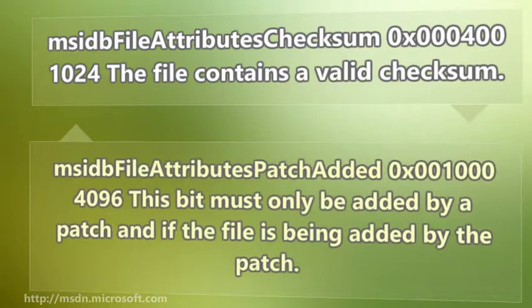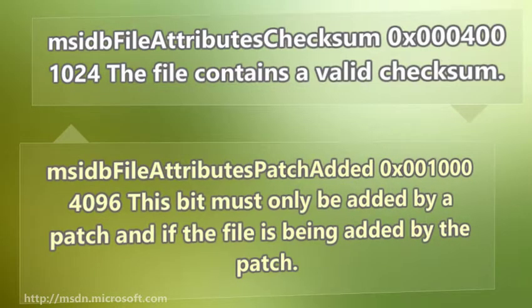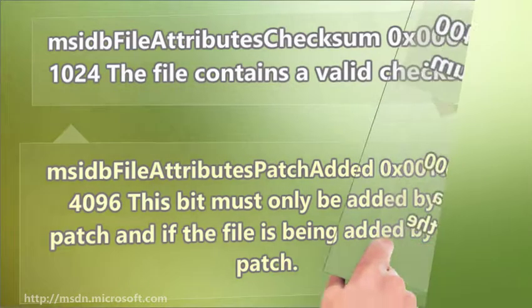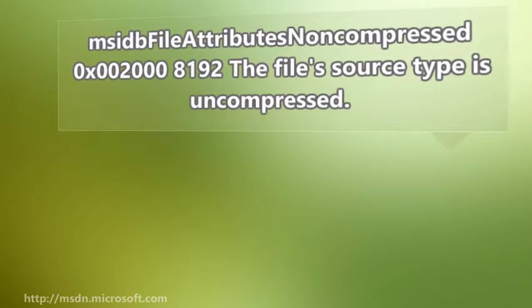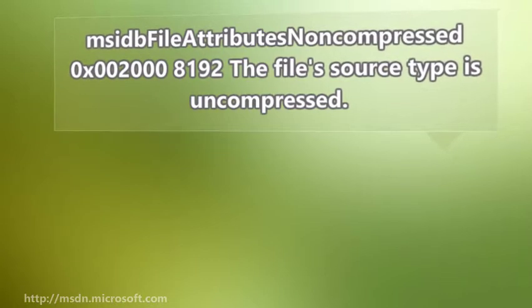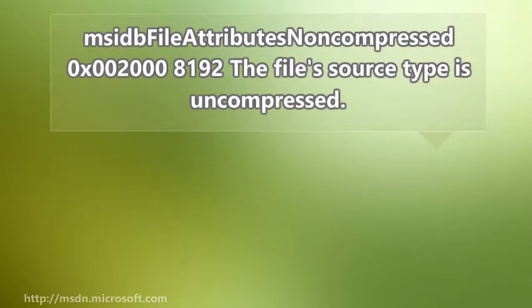msidbFileAttributesPatchAdded, 0x1000, 4096: this bit must only be added by a patch and if the file is being added by the patch. msidbFileAttributesNonCompressed, 0x2000, 8192: the file's source type is uncompressed.